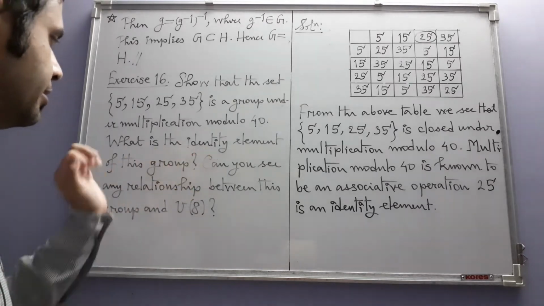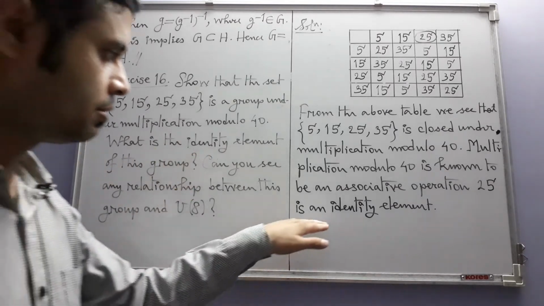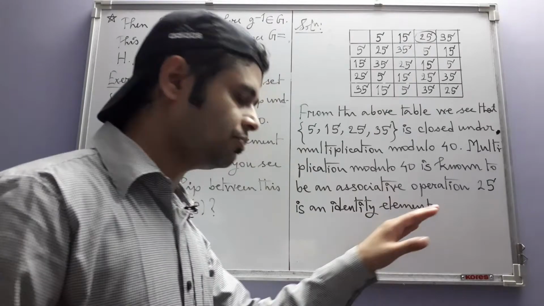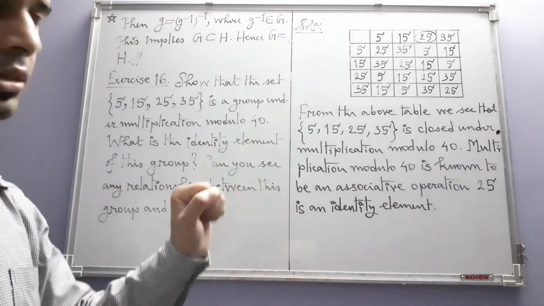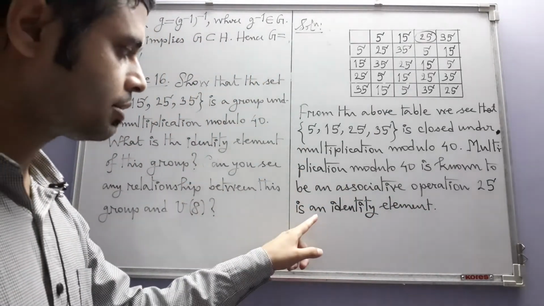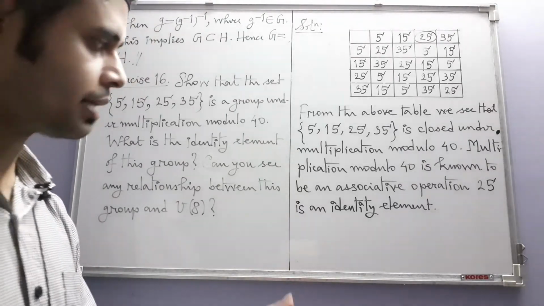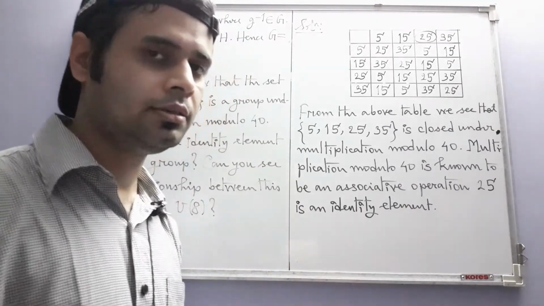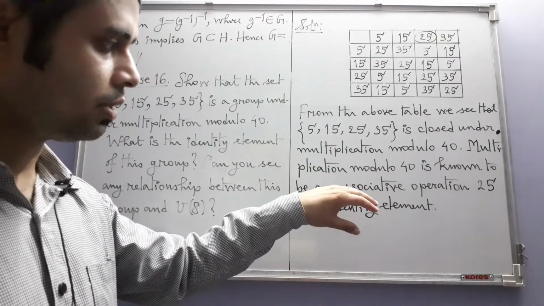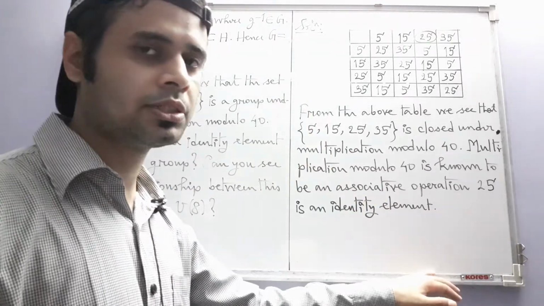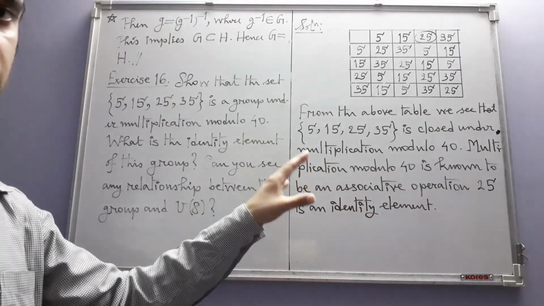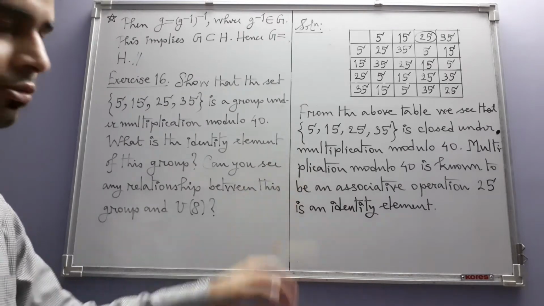Note one subtle thing. What is the identity element of this group? At this stage, we haven't yet shown that the system is a group. So we cannot say the identity element. That's why I am writing an identity element. Only when we have proved that the system is a group will uniqueness of the identity be a fact.